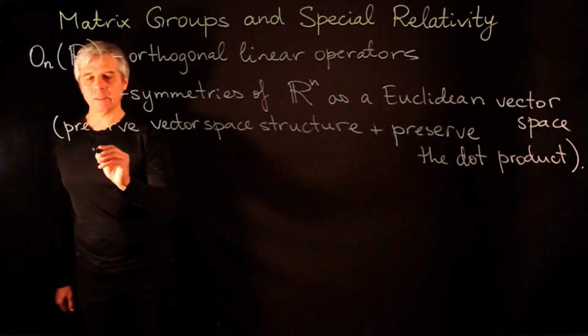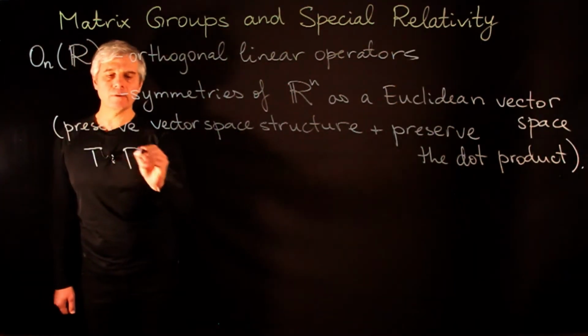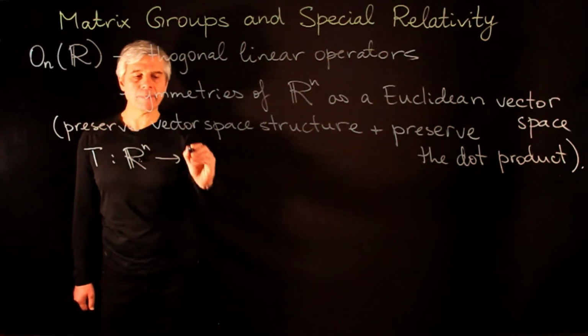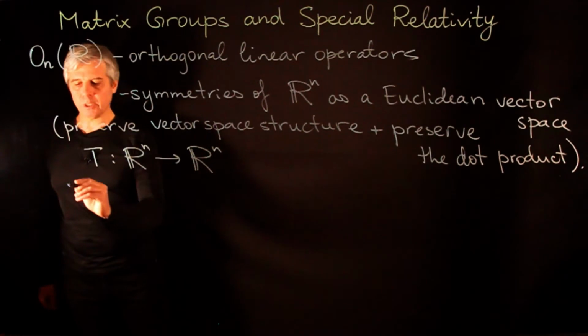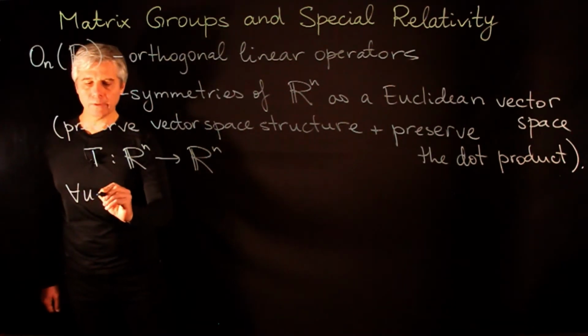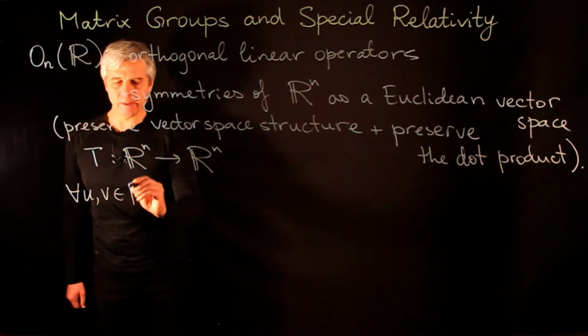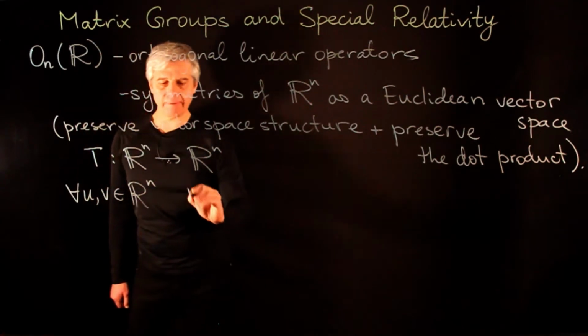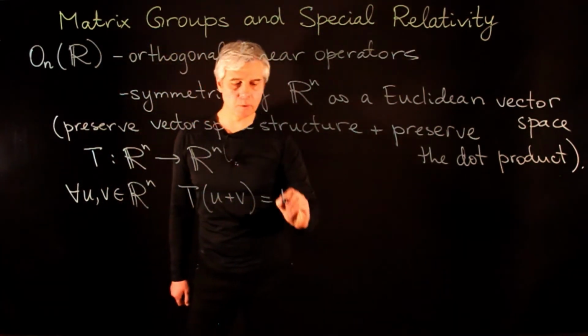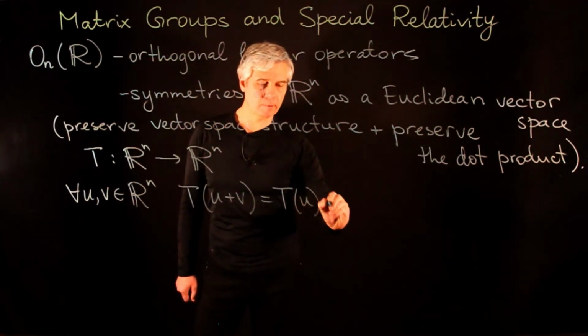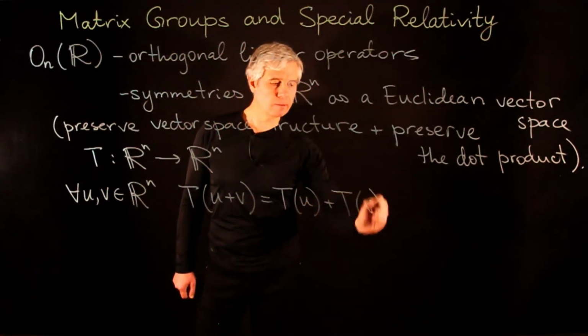What does it mean that a transformation T from R^n to R^n preserves a vector space structure? So this means that for all u and v in R^n, we must have T(u+v) equal to T(u) plus T(v), right?